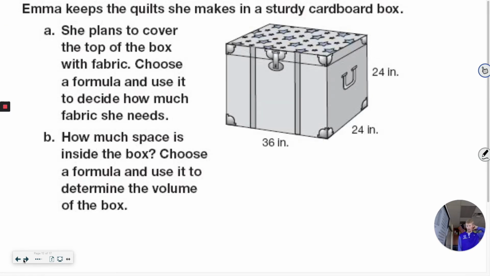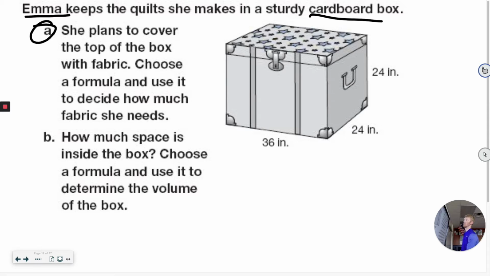All right, this is a multi-step problem here. So here is where Emma keeps her quilts in a sturdy cardboard box, and it gives us the dimensions of it. A says, she plans to cover the top of the box with fabric. Choose a formula and use it to decide how much fabric she needs.